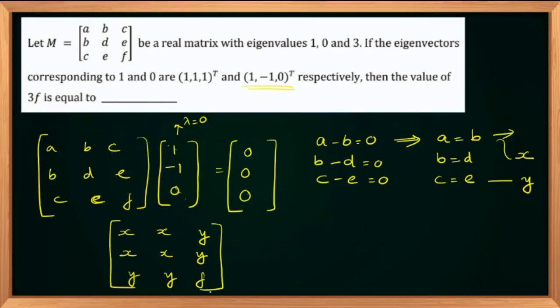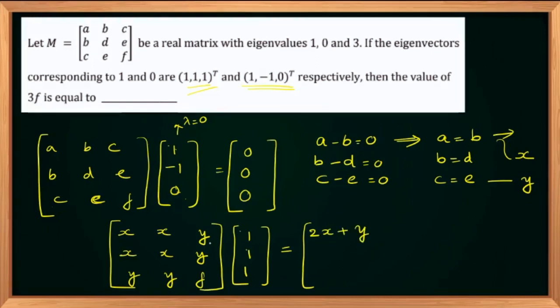This is the matrix now. Next, I'm going to take the eigenvector (1, 1, 1). If I take that eigenvector, I will have the result as 2x plus y here.